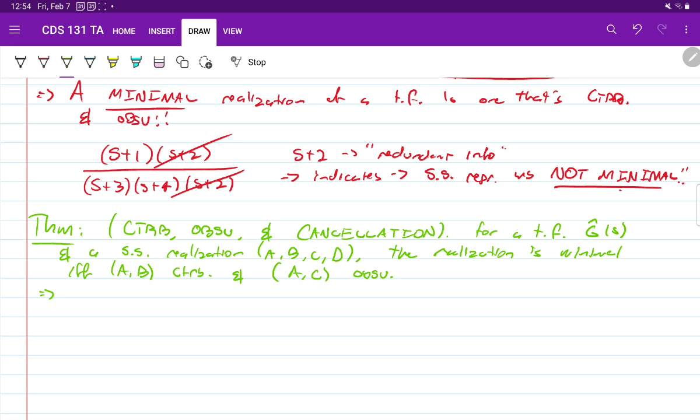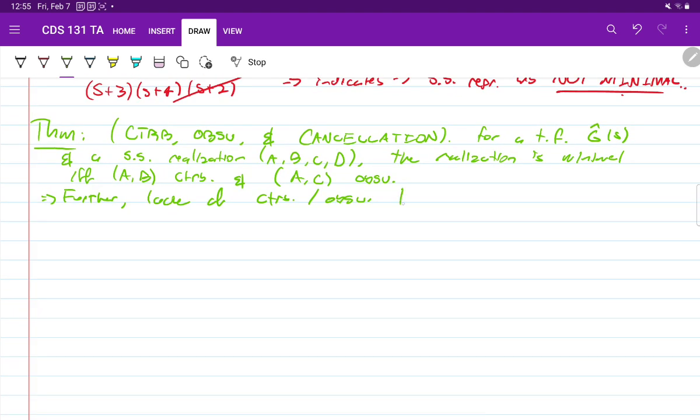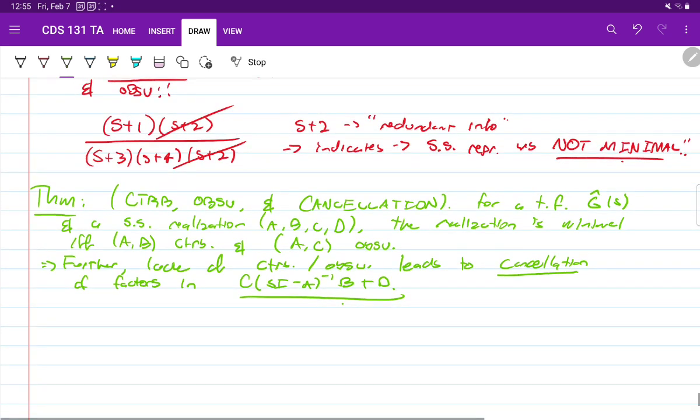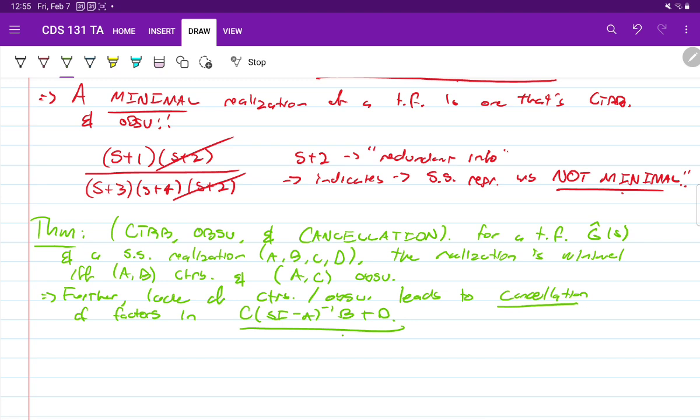Okay? Now further, lack of controllability or observability leads to cancellation of factors in C(sI - A)^-1 B + D. Okay? Because when these factors cancel, they no longer show up in the output of our system.